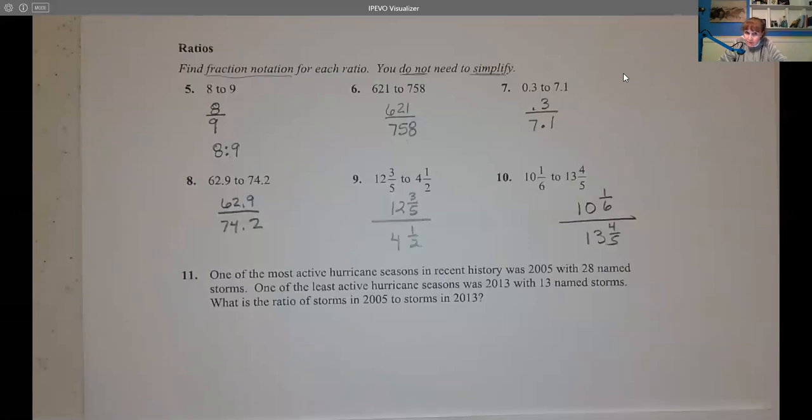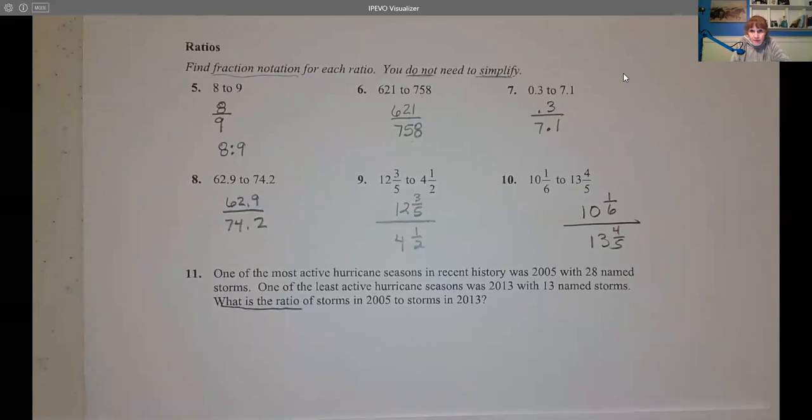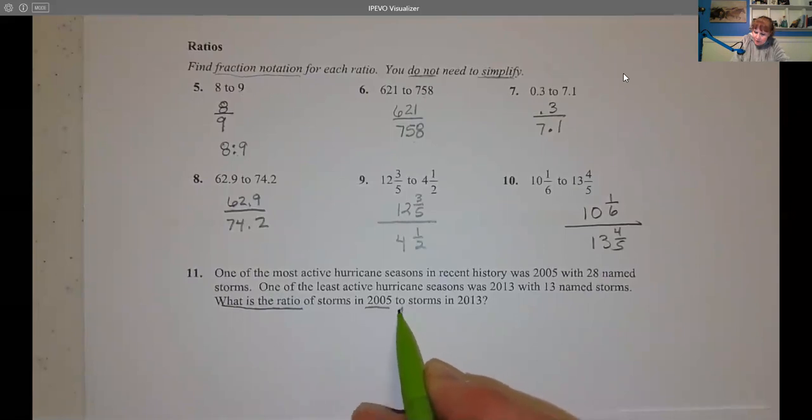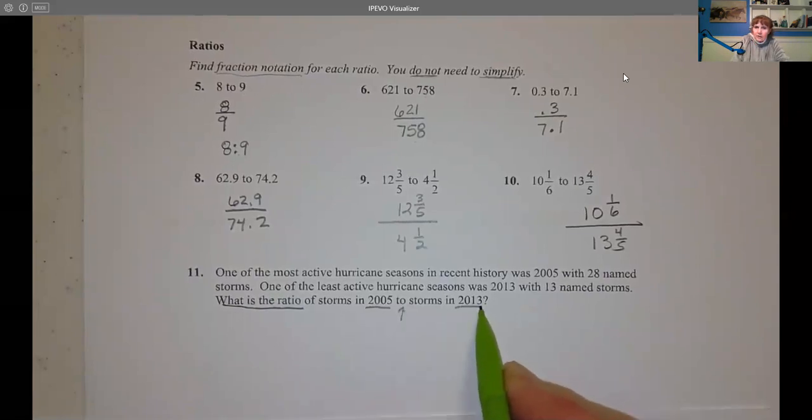What is the ratio? So when they say what is the ratio, we'll be writing a fraction of storms in 2005 to 2013.